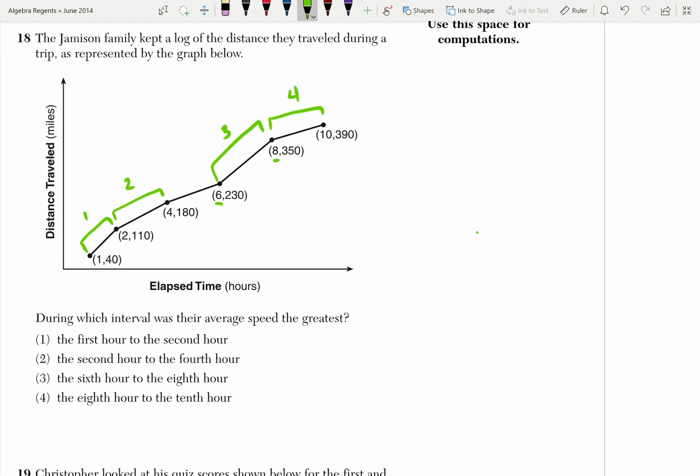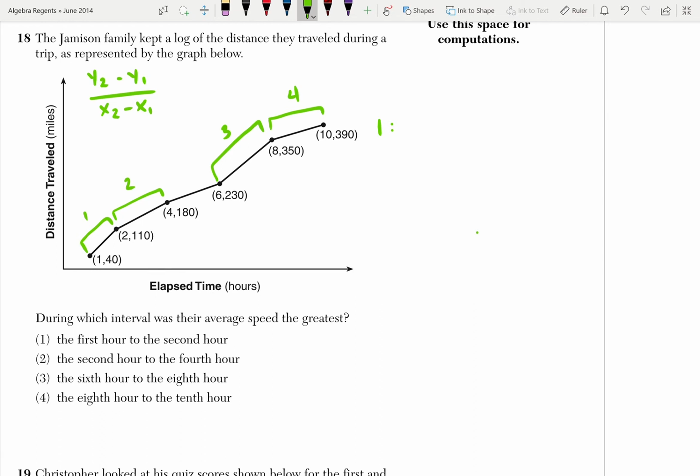To calculate the slope, it's a very simple equation that you should also try to remember for the exam. It's y2 minus y1 over x2 minus x1. So for interval 1, what is the slope?